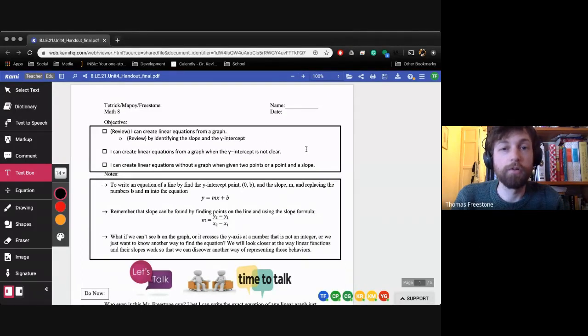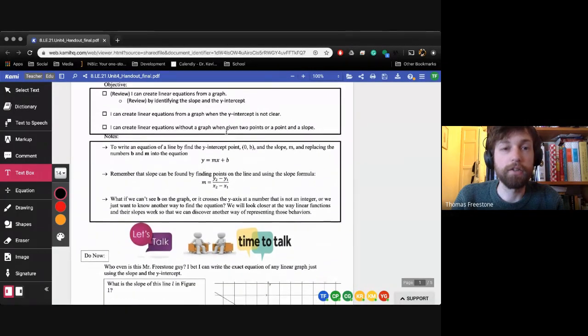So the goal today is to see how we can create linear equations from a graph when the y-intercept is not clear. And also maybe when we don't even have a graph, we just have 2 points or a point and a slope. So we want to be able to expand our ideas of linear equations to allow us to write any linear equation as long as we have 2 points or a point and a slope.